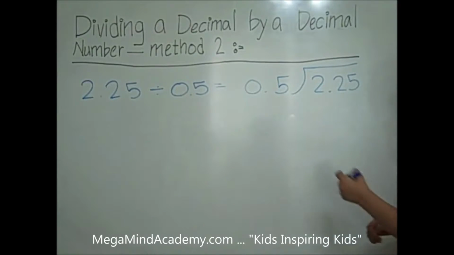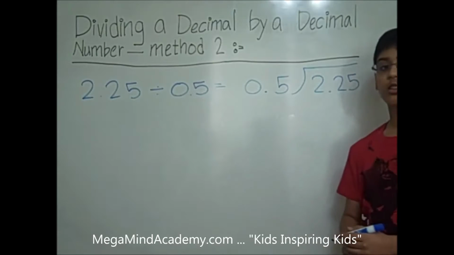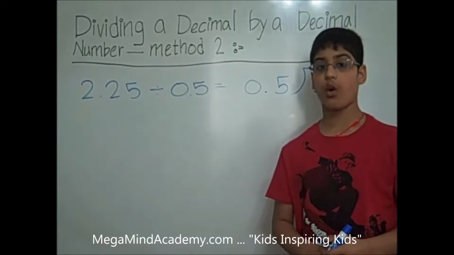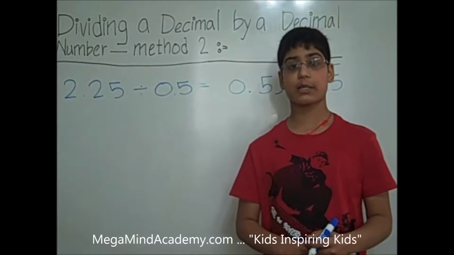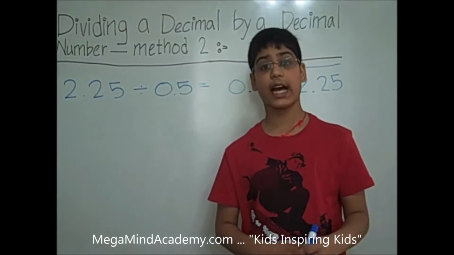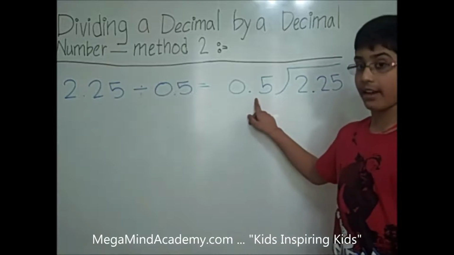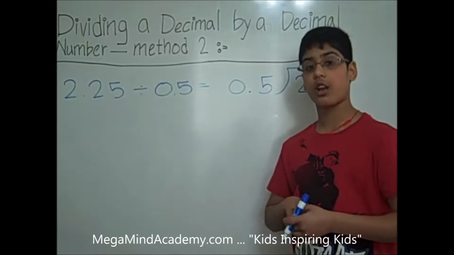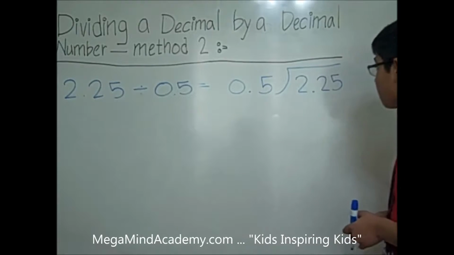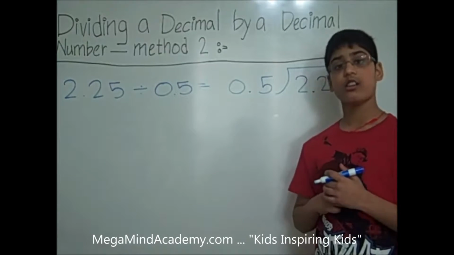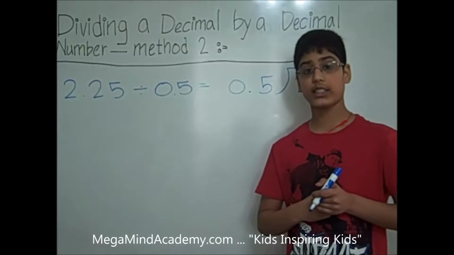Now, we got here. What do we do now? Well, step 1 is to move the decimal point on both sides to the right until the divisor, 0.5, becomes a whole number. So, let's move the decimal point to the right one place.